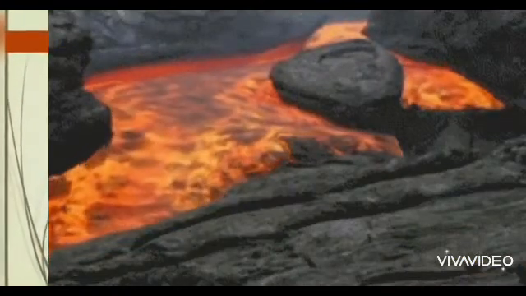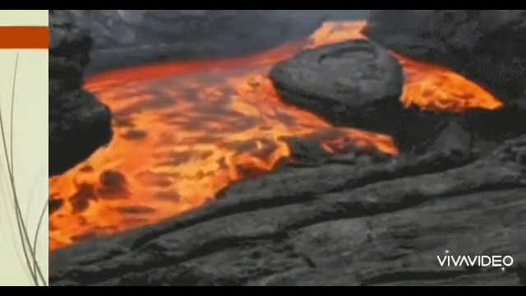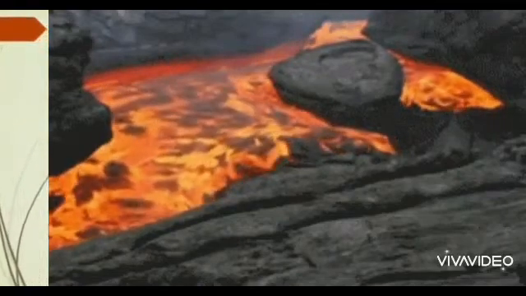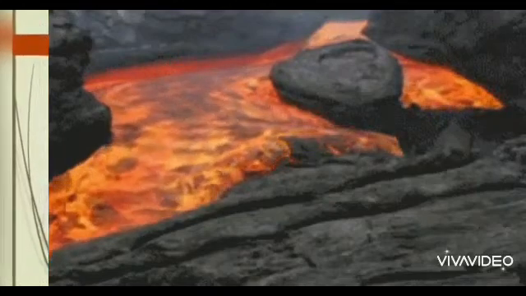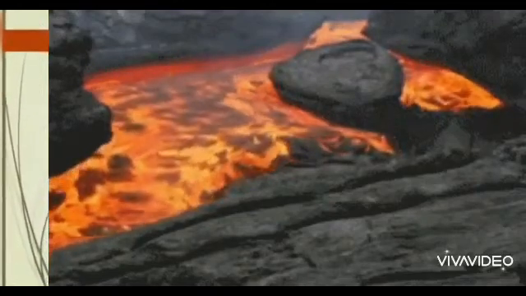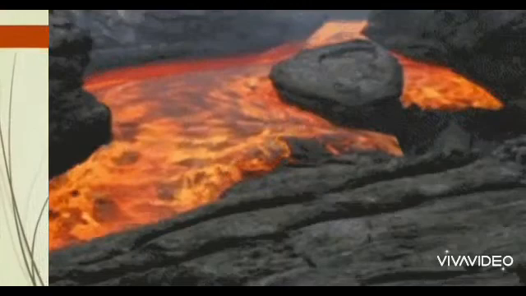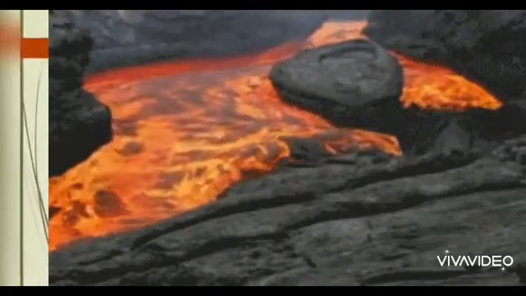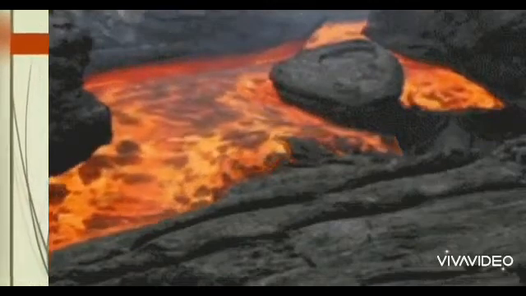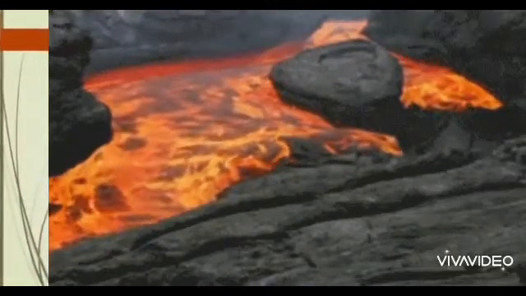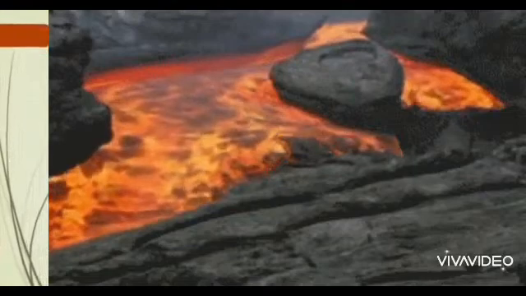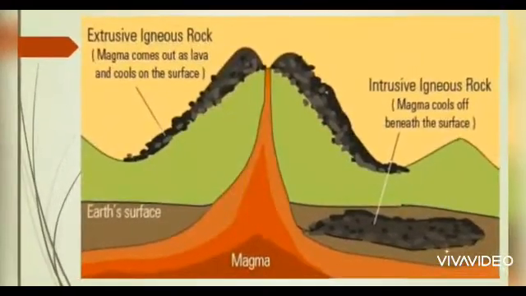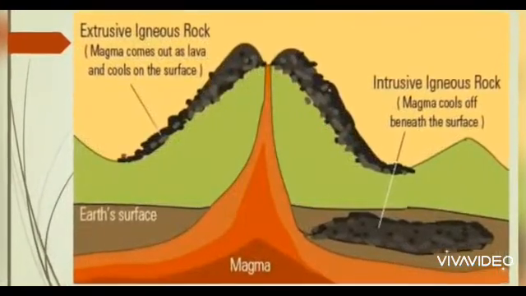Lava is the hot and semi-fluid material that is poured out during a volcanic eruption. Extrusive igneous rocks are formed out of lava. The term igneous is derived from the Latin word ignis, meaning fire.